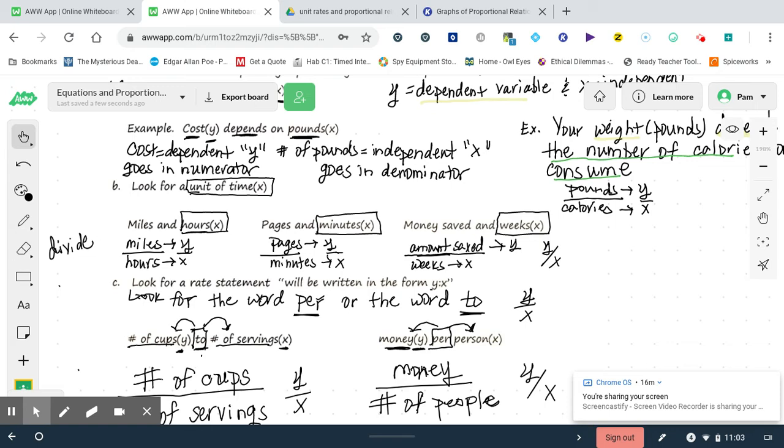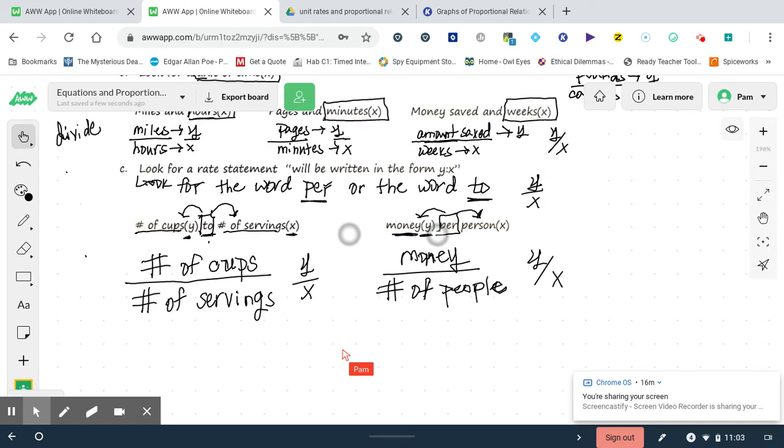The unit of time would always be relative to x, and will go in your denominator. Or you can look for a rate statement, which is in C. Whatever's before the word to is your y. Whatever's after the word to is your x. If you see per, whatever's before the word per is related to your y. And whatever's after the word per is related to your x.